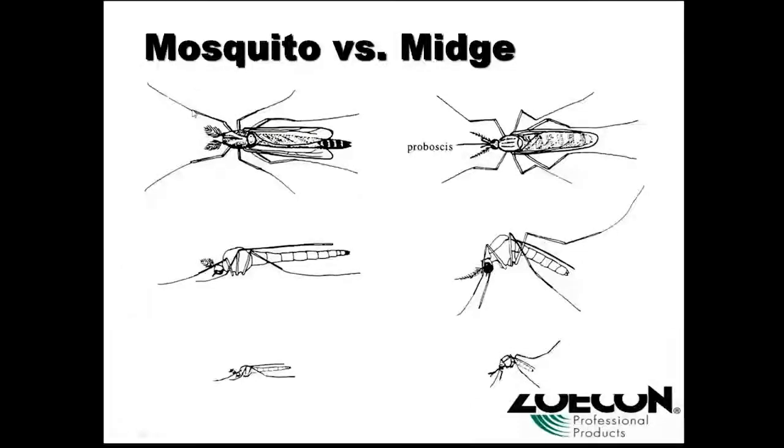The name midges, they're chironomids, which means feet. Mosquitoes all have proboscises. They use them for feeding on plants and for taking blood, and they have an arched posture on the surface, and their third pair of legs, the rear pair of legs, are held up off the body and off the surface.